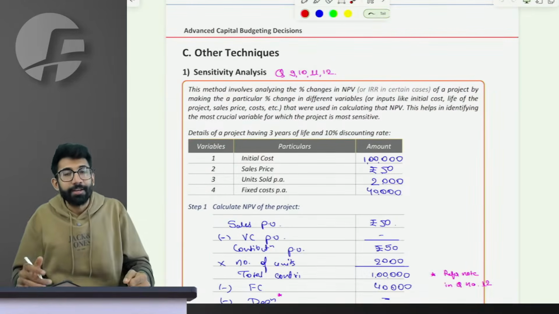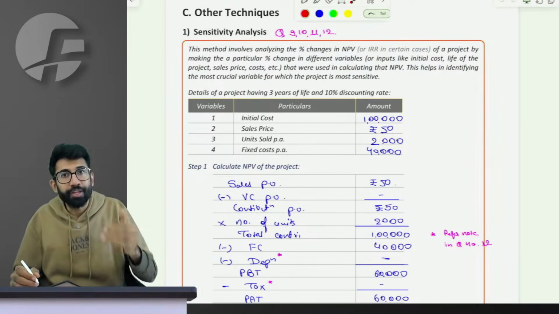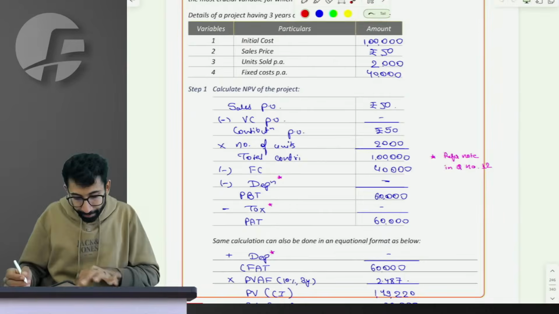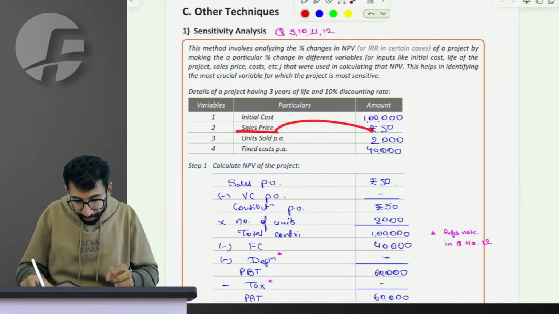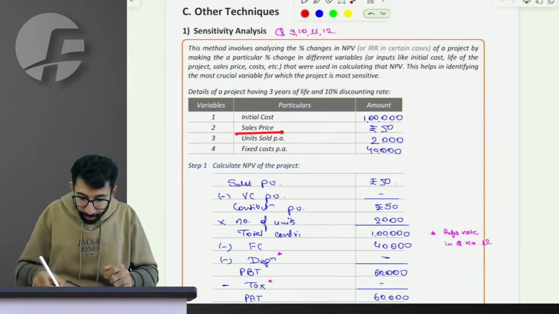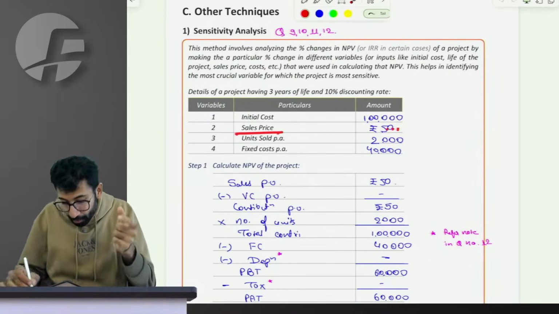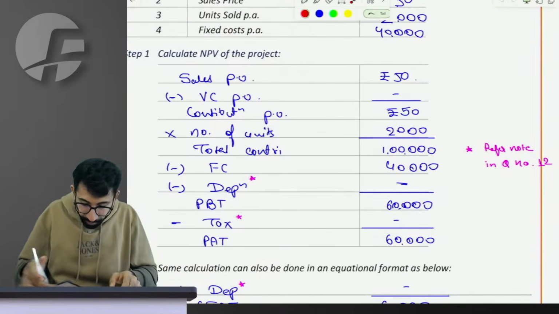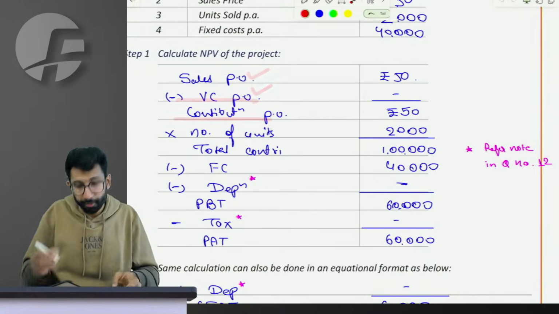When we calculate NPV, the NPV is calculated using different variables, different parameters. For example, imagine that I've been given the details of sales price per unit as ₹50. From the sales price per unit, if you deduct variable cost per unit, you get the contribution per unit. So sales price per unit minus variable cost per unit is contribution per unit.